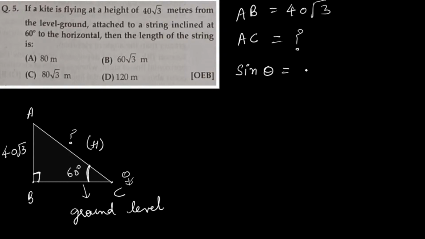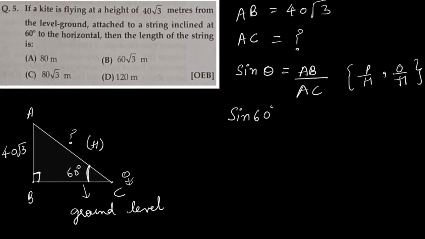Sine theta is perpendicular, means opposite, by hypotenuse. So AB by AC. Perpendicular by hypotenuse or opposite by hypotenuse, whichever way you have learnt. So sine 60 degree is equal to AB. AB's value we know, I am just going to substitute 40 root 3. AC we have to find. AC is the length of string.